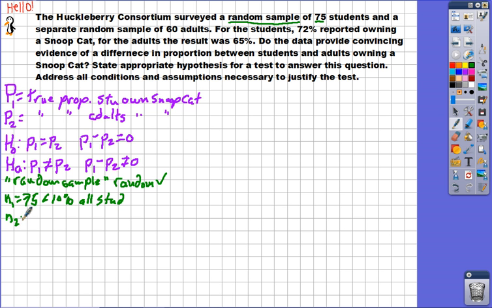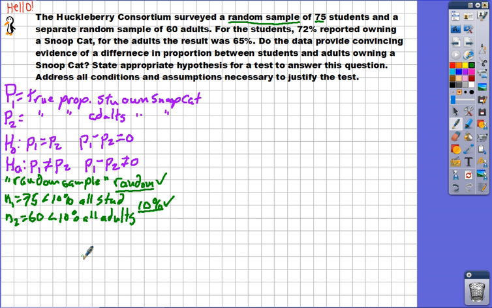Now, n2 was 60 adults, and again, that is definitely less than 10% of all adults. This pen is getting really tough to write with. Okay, so that covers our 10% conditions. The 10%, check. Go ahead and underline that so we see that those are separate.